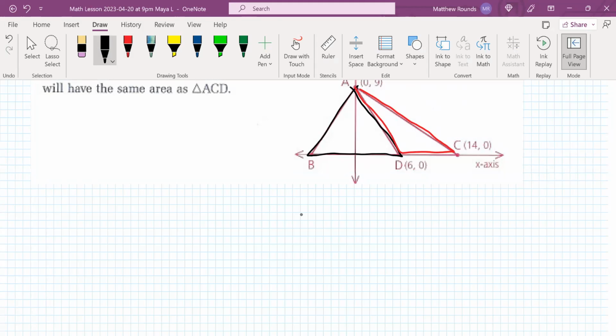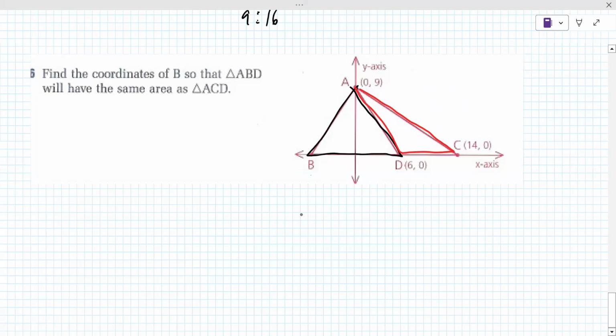Like we can't assume that B is at -6. We can only assume that it's some value, and I'll call it -x comma 0 for the moment, which means that this distance is x and this distance is 6, and the base of this triangle is x plus 6.